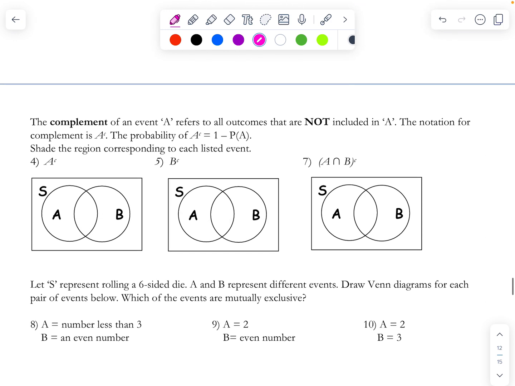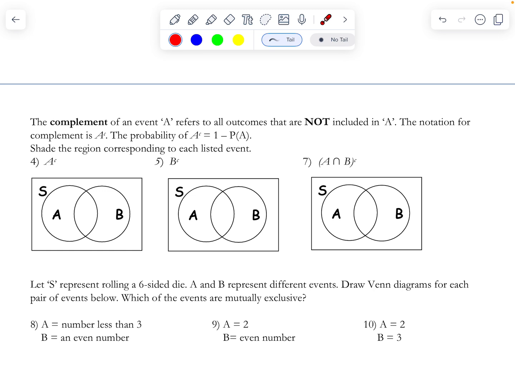Now the complement of an event A refers to all of the outcomes that are not included in A. The notation for the complement is right here, and the probability is 1 minus the probability that A doesn't happen.